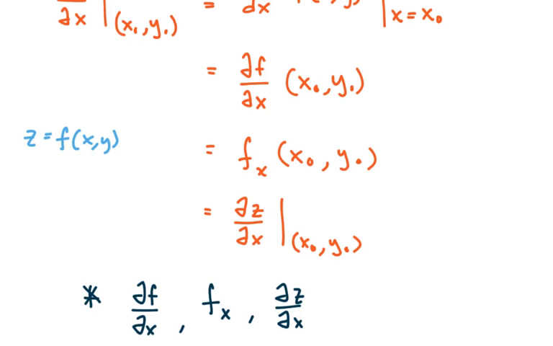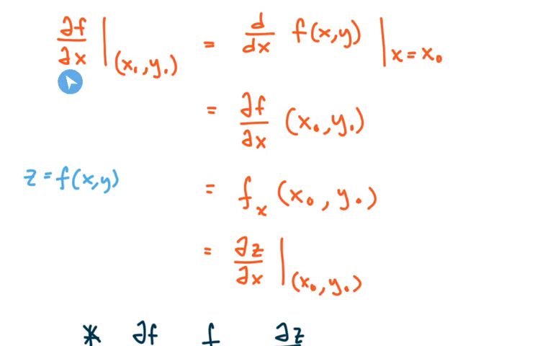So this partial derivative, partial f with respect to x at that ordered pair x naught, y naught, gives the rate of change of f with respect to x when y is held at some fixed value. So when we're differentiating with respect to x, we're going to treat those y values as a constant. All right?